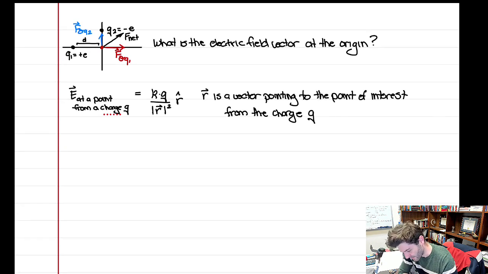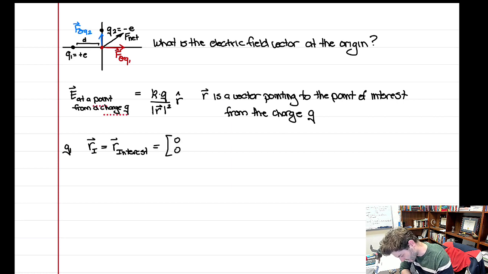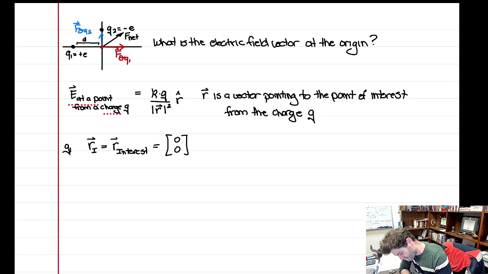So now let's look at the problem above. Let's take Q1 first. So the point of interest, which I'm going to use maybe I for, the vector pointing to the location of interest. Well, the location of interest is the origin, so that's just going to be 0, 0. Then the position of Q sub 1 looks like it's negative d in the x direction, 0 in the y direction.